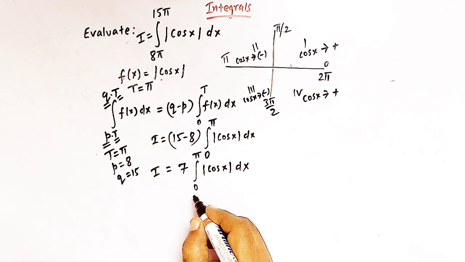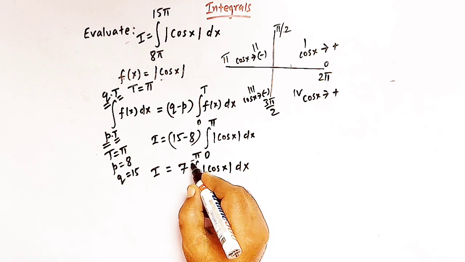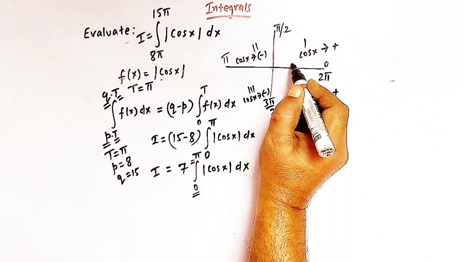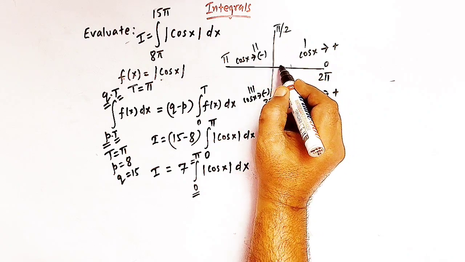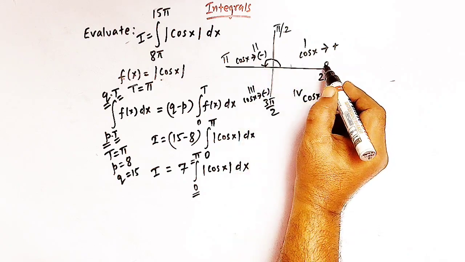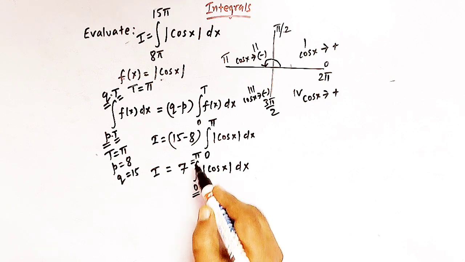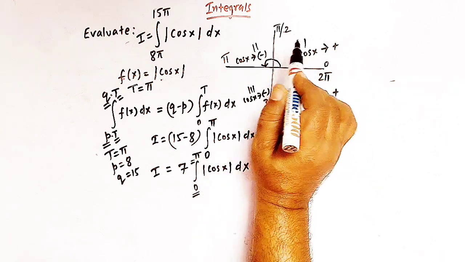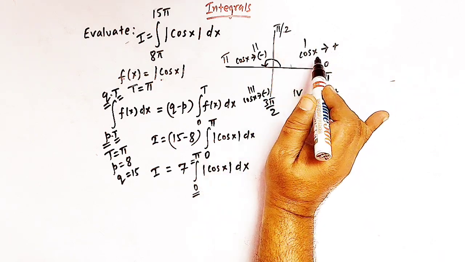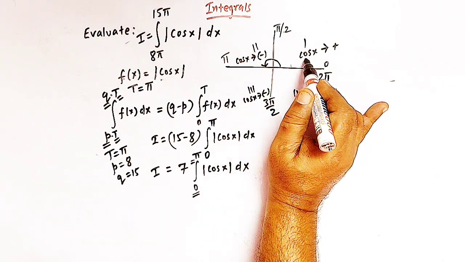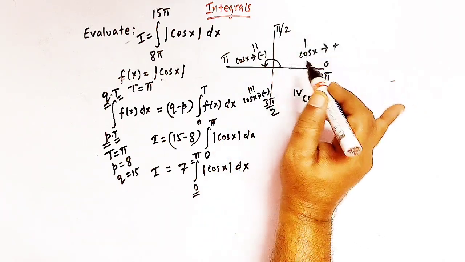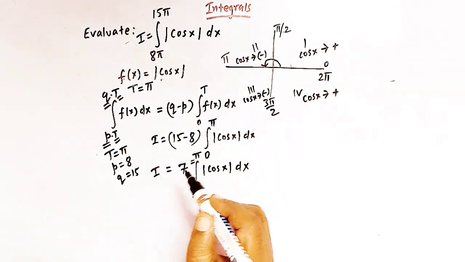So now here the limits of integration are from 0 to pi, right? So we have to go from the first quadrant to the second quadrant, that is from 0 to pi. And here we can see that when we go from the first quadrant to the second quadrant, the cosine function changes sign from positive to negative, right?